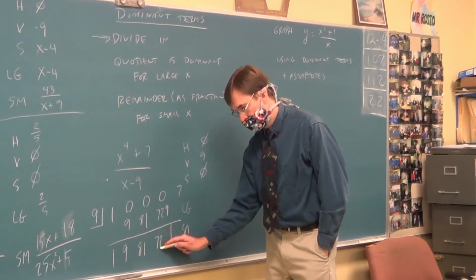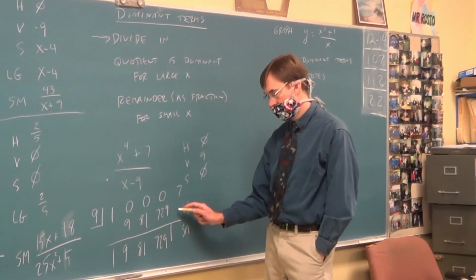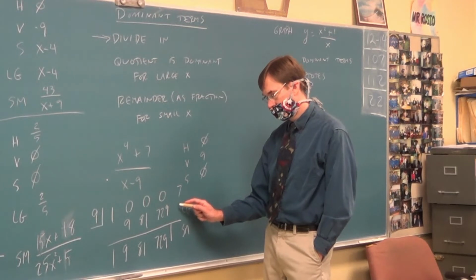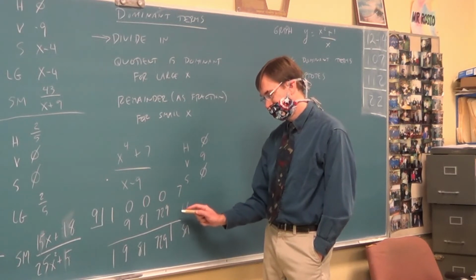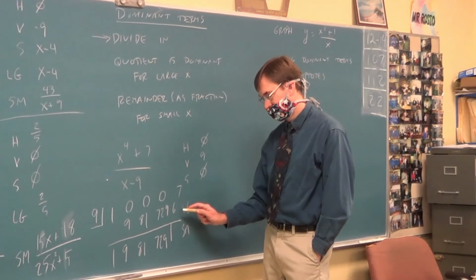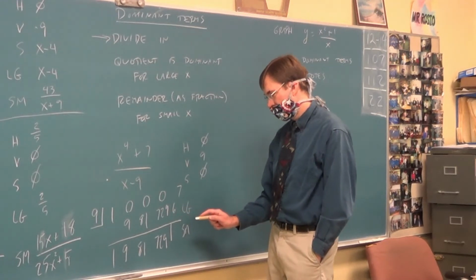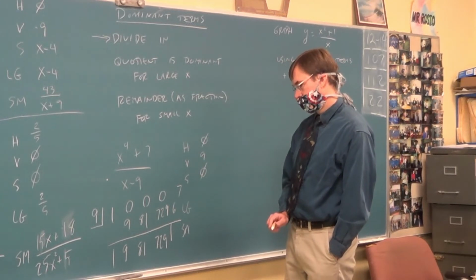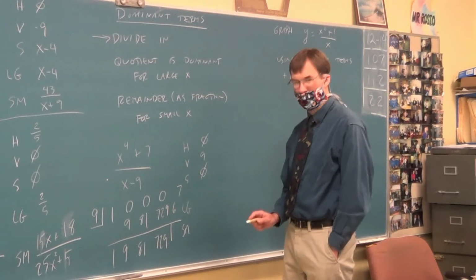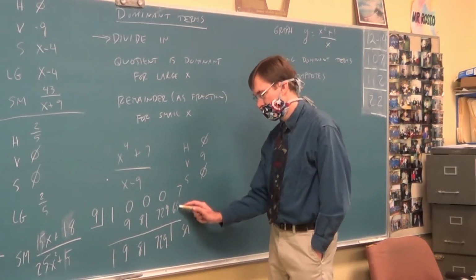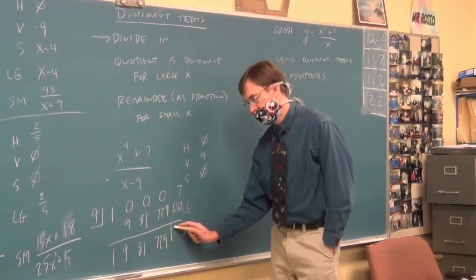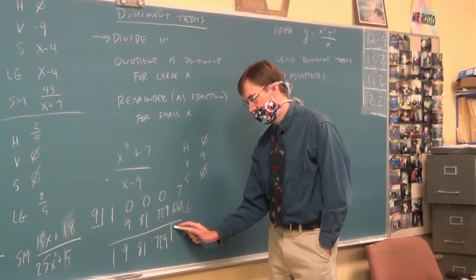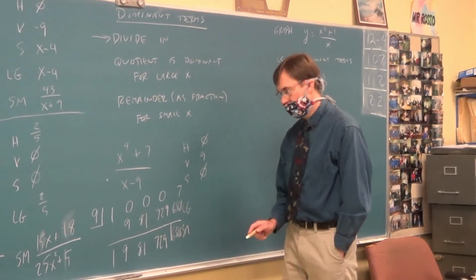Drop down, add down is 729 plus 5,832 hmm, it's got to end in a 1. 6,561 maybe? Yeah. And then plus the 7, so 6,568. Oof.